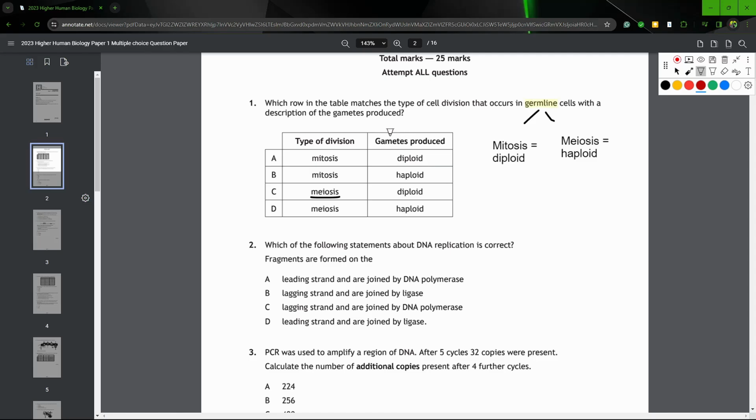It would be true if it said cell produced, but it says gamete. Gametes are always haploid, so actually we can ditch C and A, because they're diploid and we want haploid. But look at this: mitosis. We already figured out mitosis produces diploid cells, so it can't be that. So it must be D. Oh dear.